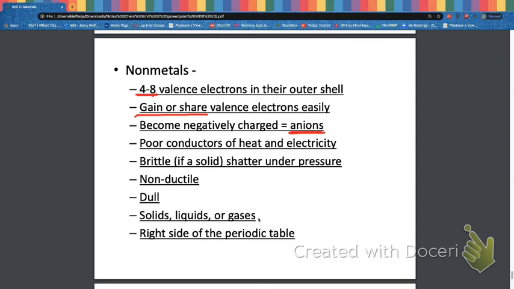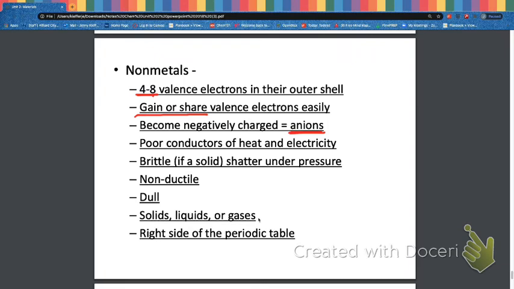Metals are good conductors. Non-metals are poor conductors. Metals are malleable. Non-metals are brittle. That's the opposite. Brittle means that they break. Metals are ductile. Non-metals are non-ductile. Metals are shiny, or sometimes the fancy word is lustrous. Non-metals are dull.